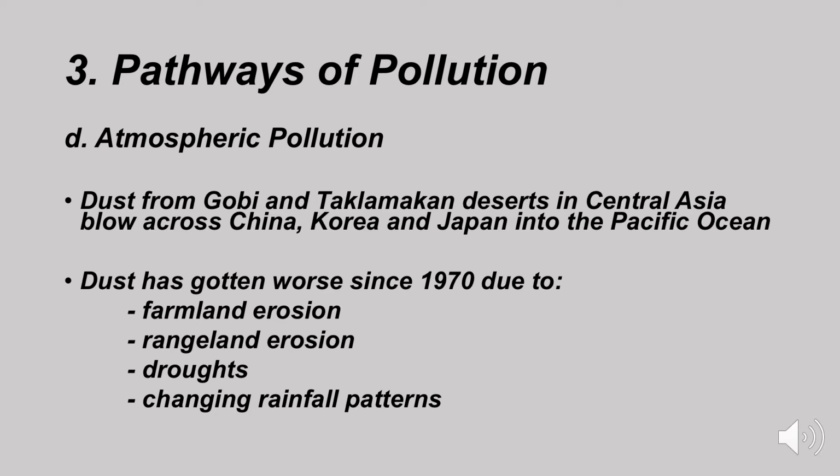And of course, we're seeing changing rainfall patterns right now due to climate change. In areas of the world that are getting drier, you're going to see more erosion, more dust, more soil particles leaving the land masses on this planet and ending up in the ocean as a form of pollution.